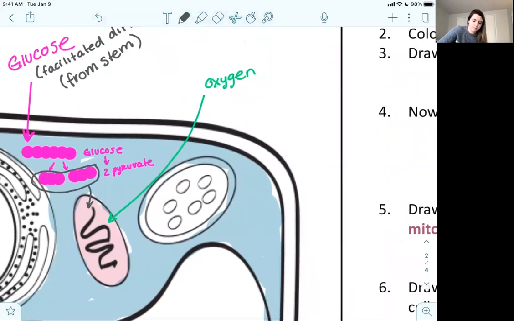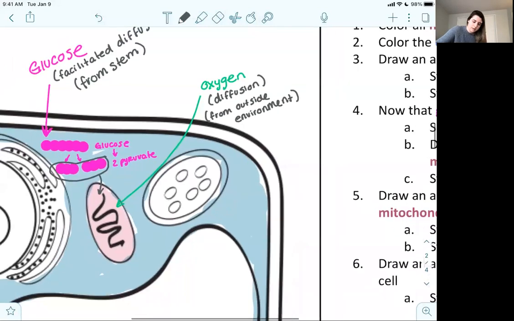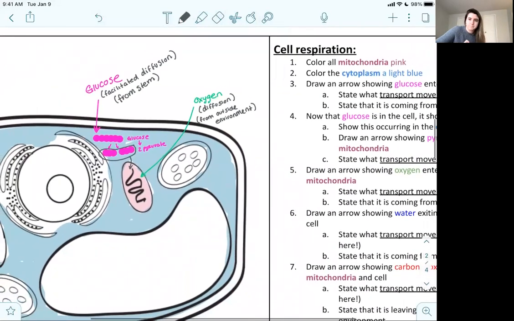So my transport movement for oxygen is always going to be diffusion. It's small enough to make it through that phospholipid bilayer, and oxygen for a plant is always coming from the outside environment. Here we go. So from the outside environment. Okay, so we've got our inputs here.